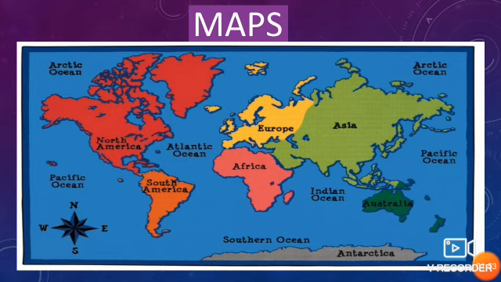And the 5 oceans are Indian Ocean, Atlantic Ocean, Antarctic Ocean, Arctic Ocean and Pacific Ocean. Antarctic Ocean is also called Southern Ocean.